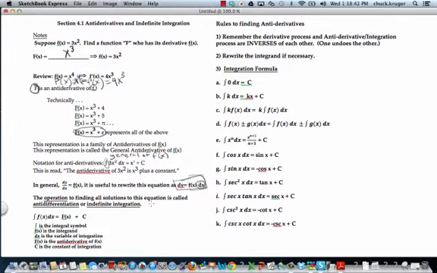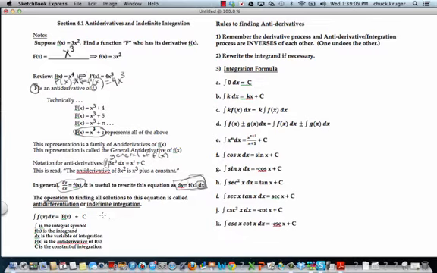You'll forget I even said that in a little bit, but don't feel strange that this dx is tied to this f of x. It's going to make sense down the road, and it simply comes from this equation by multiplying both sides by dx.